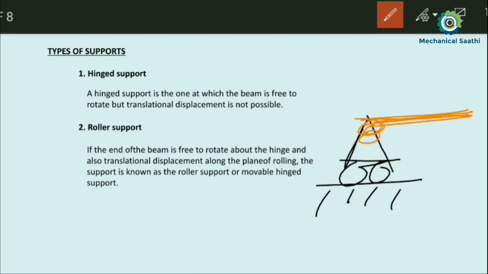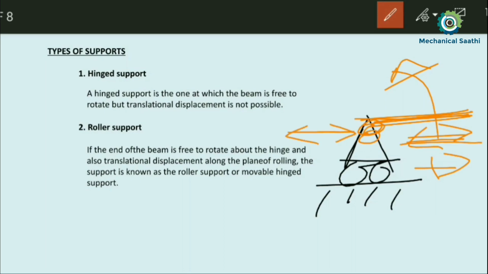That means this beam can be rotated about this support, and also it can be translated. If we apply some force along this direction, it can translate, so there will be no reaction along the x axis.